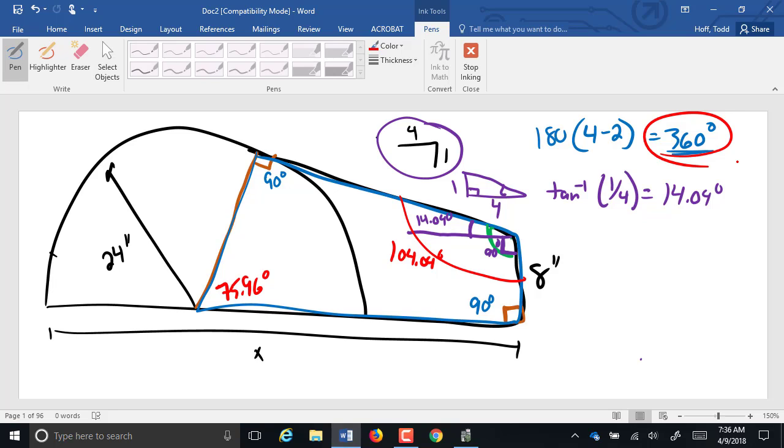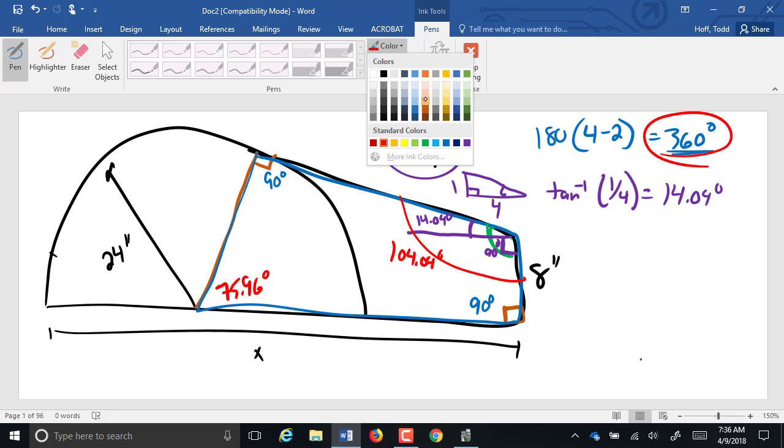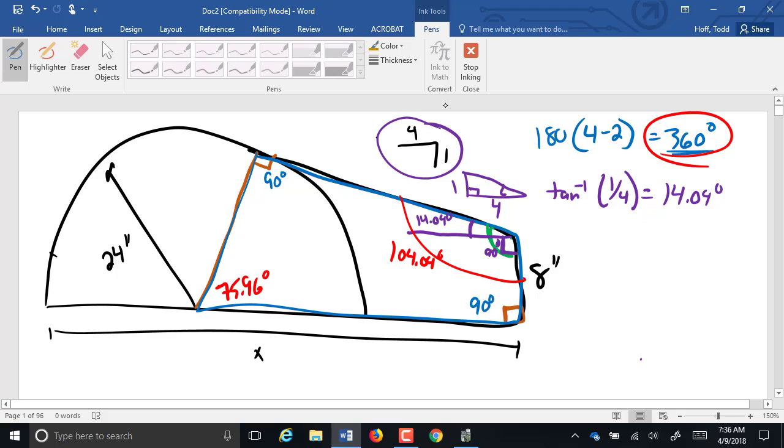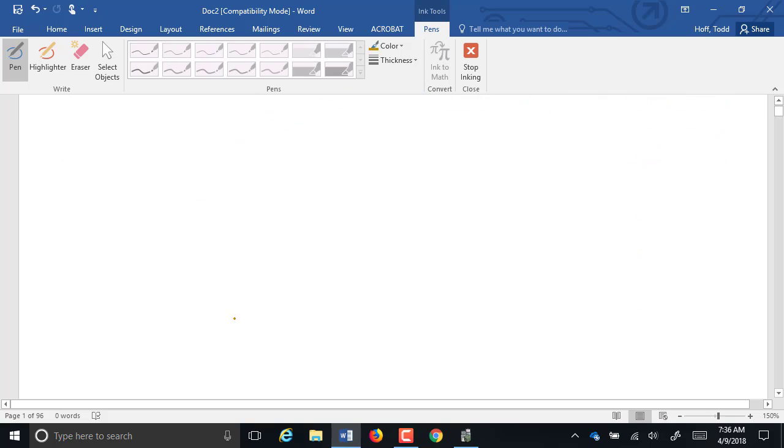So now that we have those, what can we do with them? Well, now we have to find some not so obvious right triangle. From this point, I can drop it down. On that triangle, I know all three angles and one side.